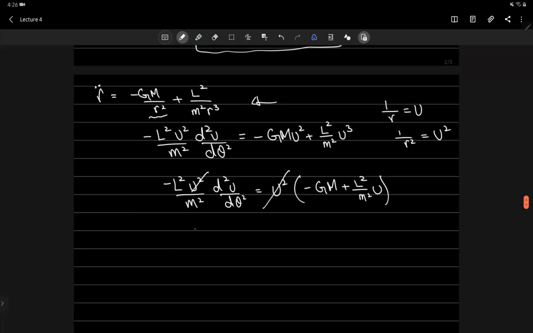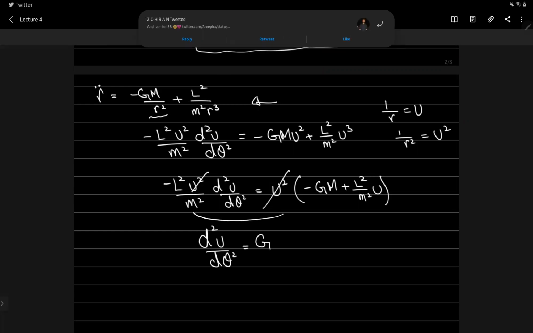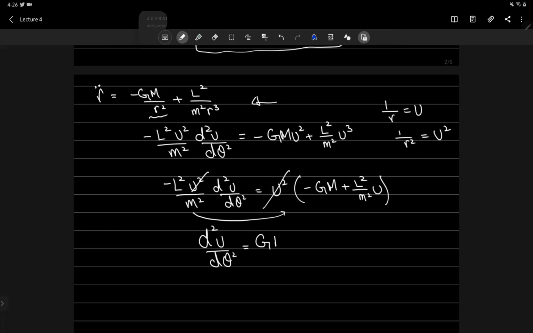Finally, what I am left with is d squared u over d theta squared is equal to G. I am bringing this m over there, so I would have GM m squared.